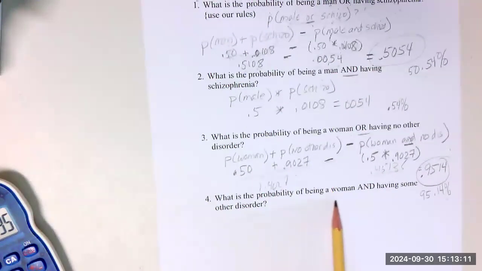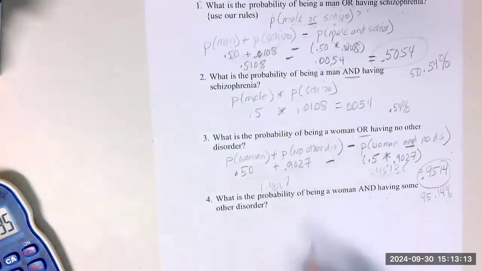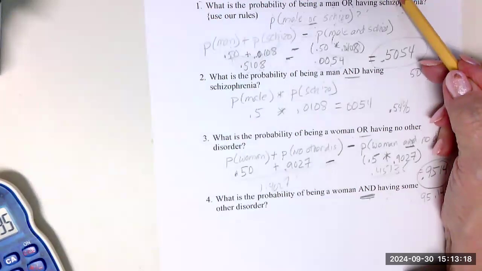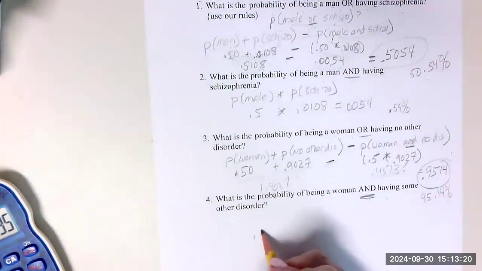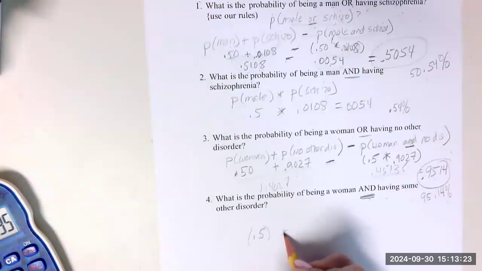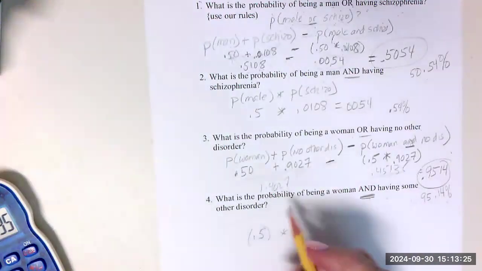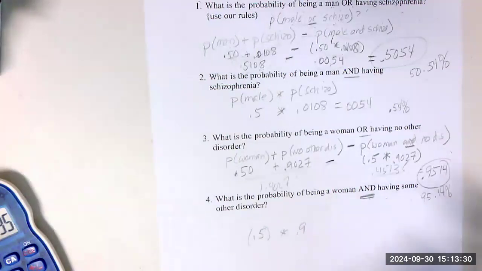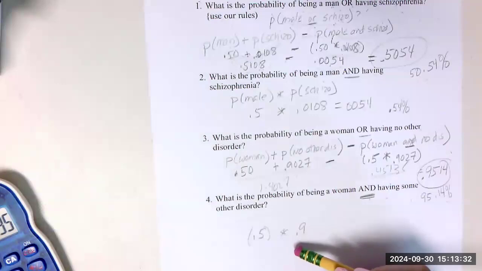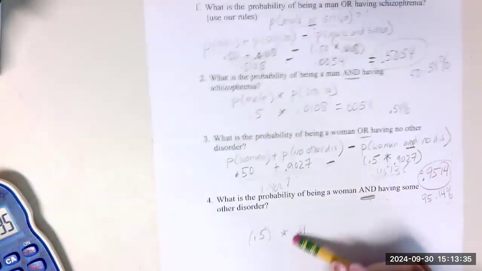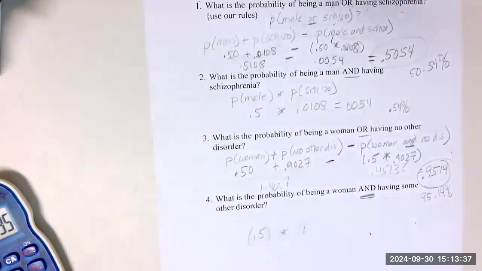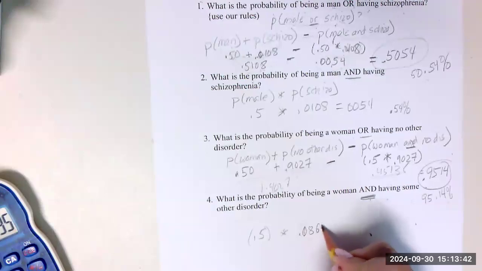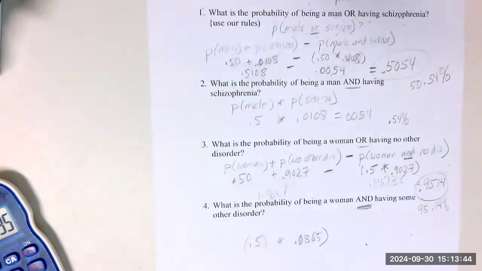Okay, let's do this last one. What is the probability of being a woman and having some other disorder? Well, and remember, that means to multiply. So it's very simple. We just multiply 0.5 times some other disorder. Oh, wait. No, just, yeah, some other disorder was 0.0865. Let me show that to you.